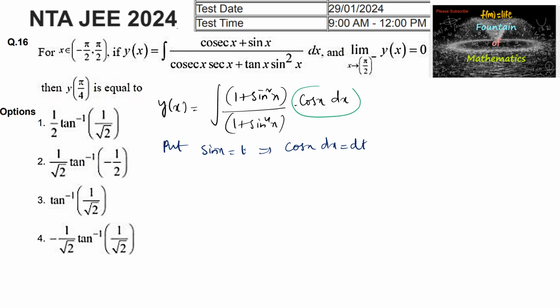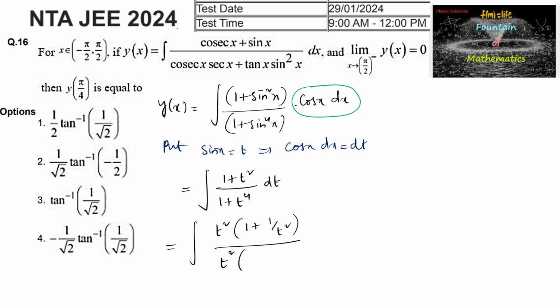We can write the integral of (1 plus t square) upon (1 plus t power 4) dt, and this can be simplified. Taking t square common, we get (1 plus 1 by t square) divided by (t square plus 1 by t square) dt.